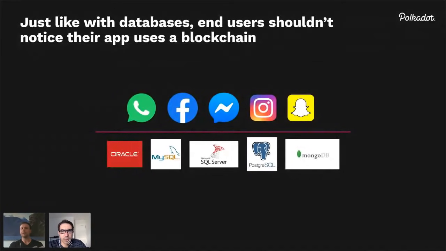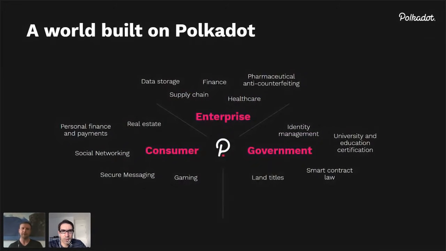But people are not choosing to use Instagram or Facebook because they use a MySQL database or a MongoDB database. In the same way, we will be successful when someone can use an application, maybe a decentralized version of Facebook, but we don't necessarily want them to know that they're using a blockchain. We just want the experience to be just as good, if not better, than what they're getting in Web 2.0 applications right now.